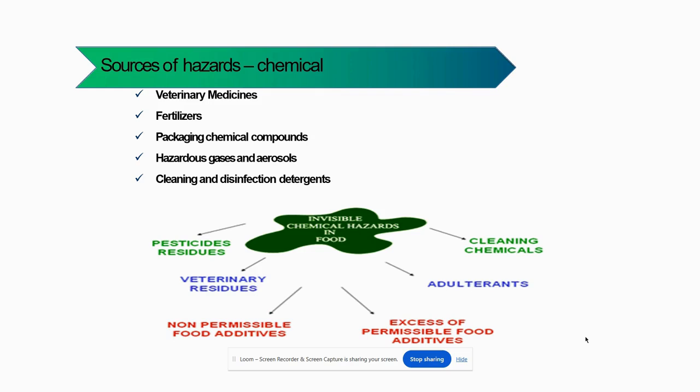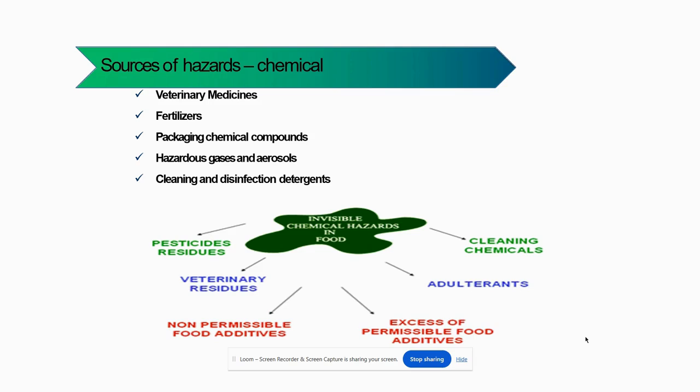Then in the processing plant we will be doing cleaning and disinfection using detergents and other cleaning agents. The residue may remain in the processing equipment and may get into the product in the different processing steps.